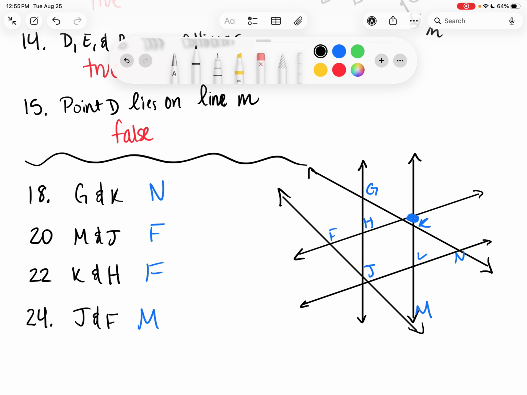But N isn't on G and K. Well, it's J and F. Technically, this is supposed to be point M right here. My picture's bad. The picture in the book is much easier to see. I'm just not artistically inclined, so.